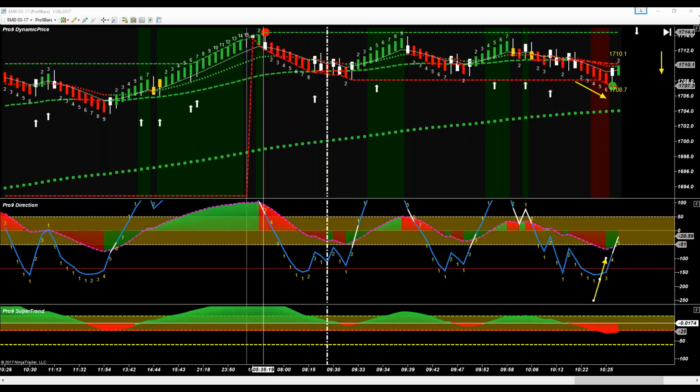Quinn W asks, are we still using NinjaTrader 7 or can we also use 8 now? If not, are we planning to use 8 soon? Yes, we are actually just finishing up with our version for NinjaTrader 8. Rather than release it early and then release another update a week or two later, we want to do a better job of scanning and testing the indicators to make sure that there's nothing going on.